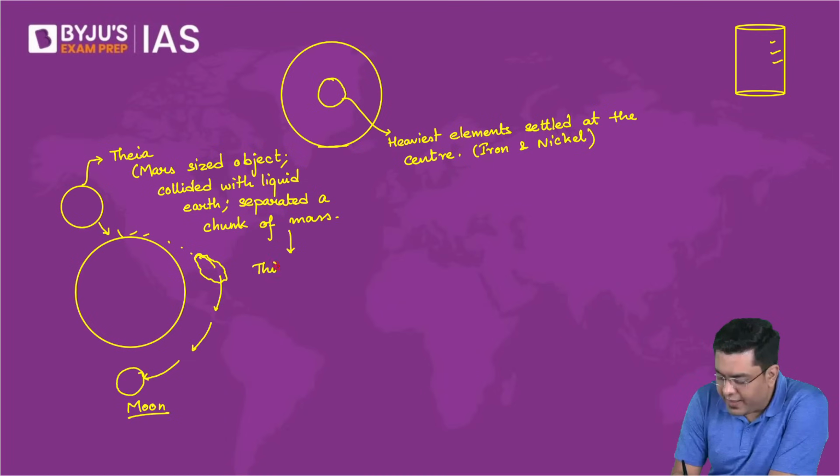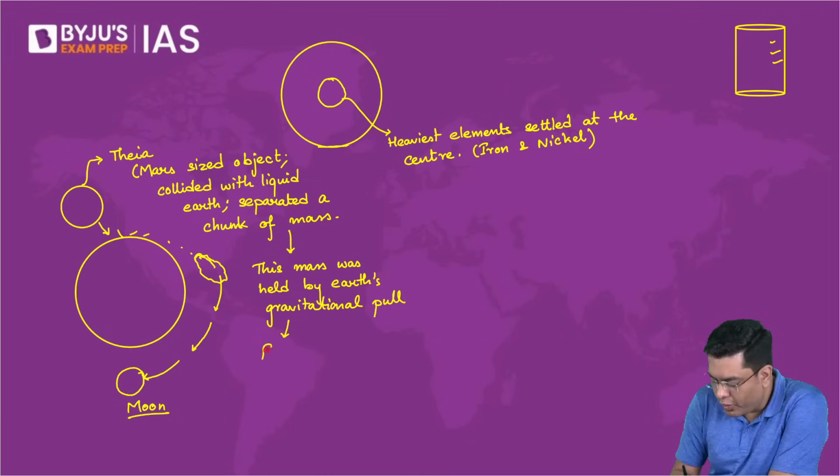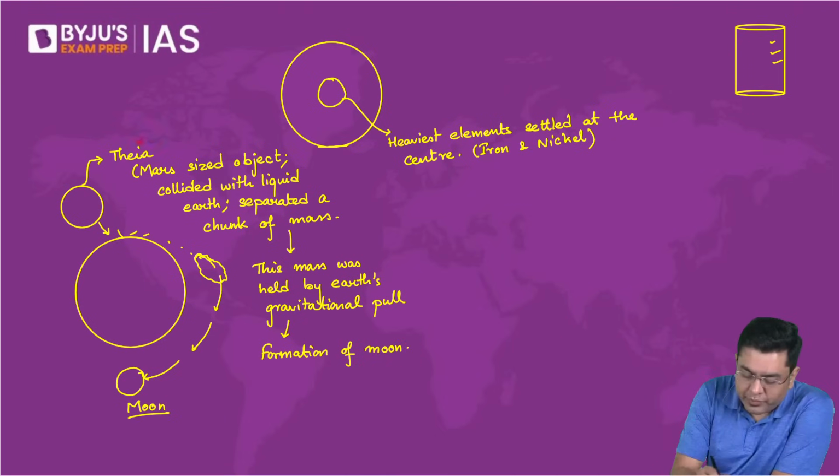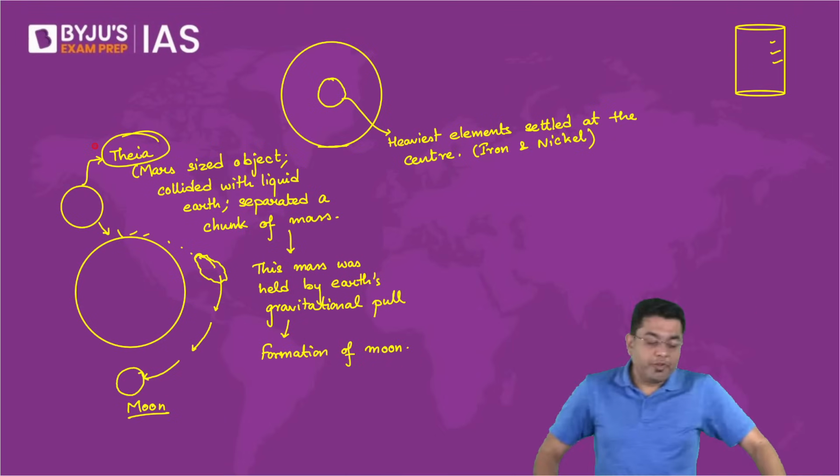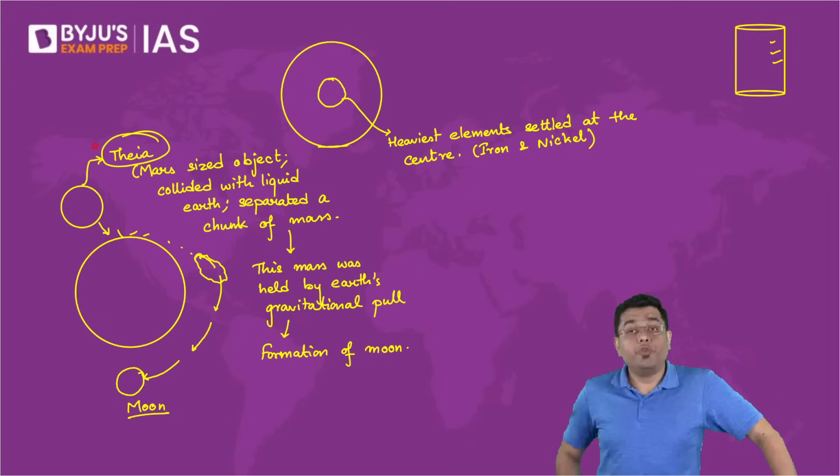This mass was held by the Earth's gravitational pull, and this led to the formation of the moon. So this was your large object, Theia, which collided. And that is how the formation of the moon happened.